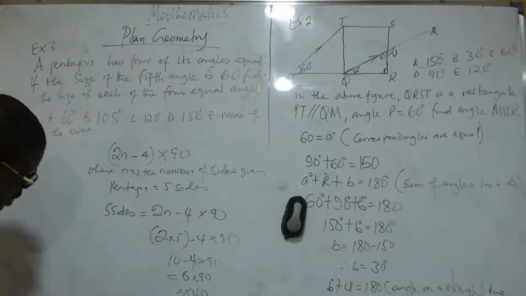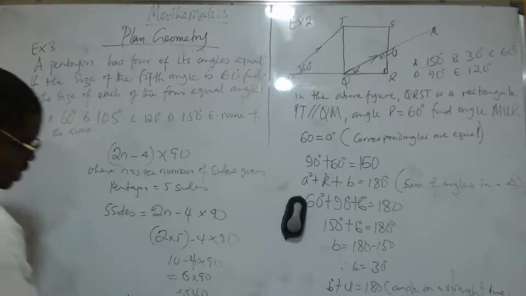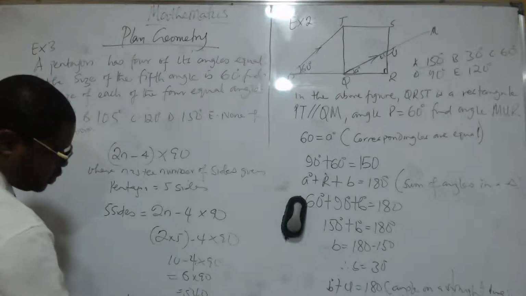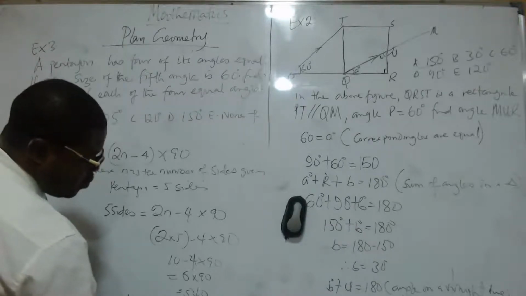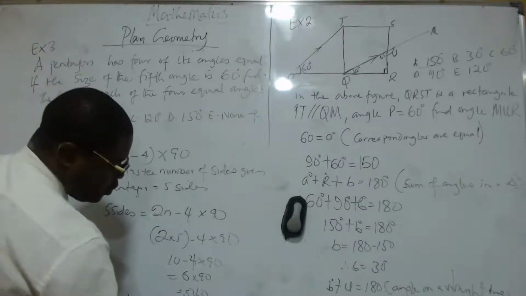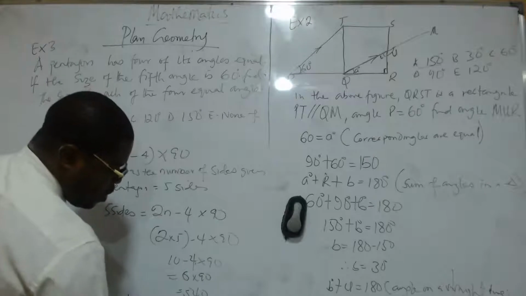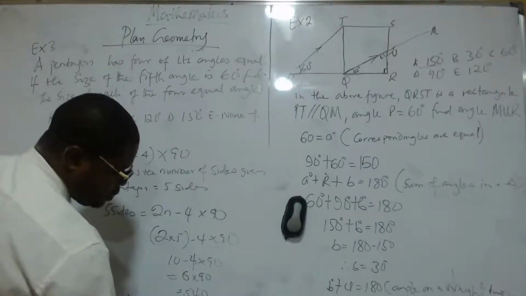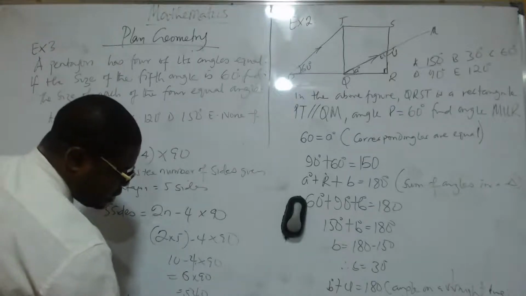Now, one of the angles is given, so I want X, X, X, X: 1, 2, 3, 4. Then one of the angles is given to be 60, equals 540, the sum for a polygon of 5 sides.